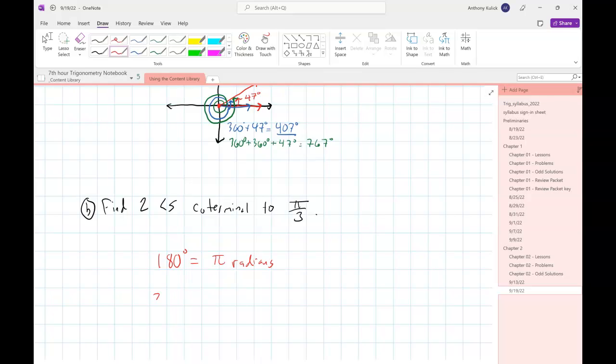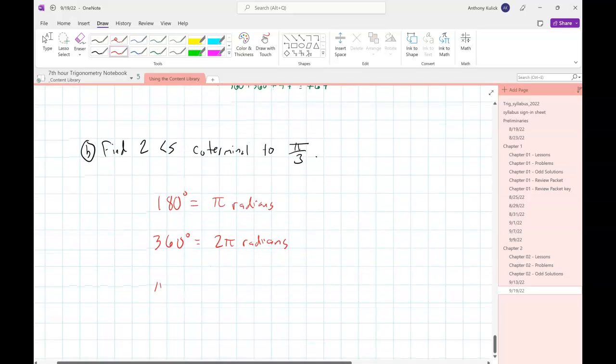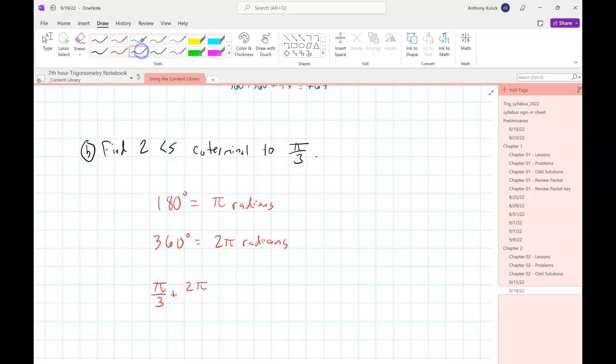So how many radians is the same as 360? 2 pi. Oh, okay, Mr. Kulik, so I just need to keep adding 2 pi, and that'll do it, right?